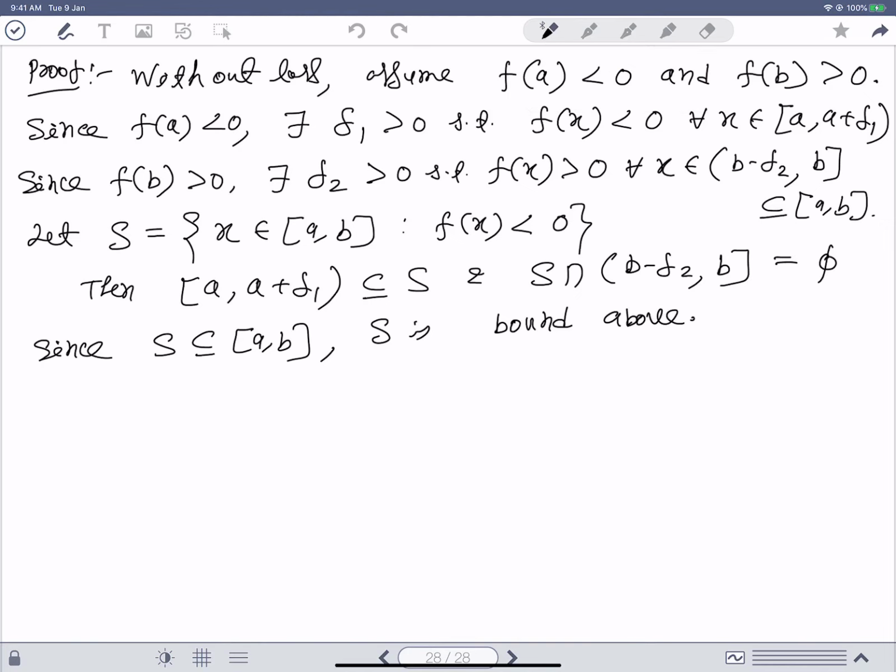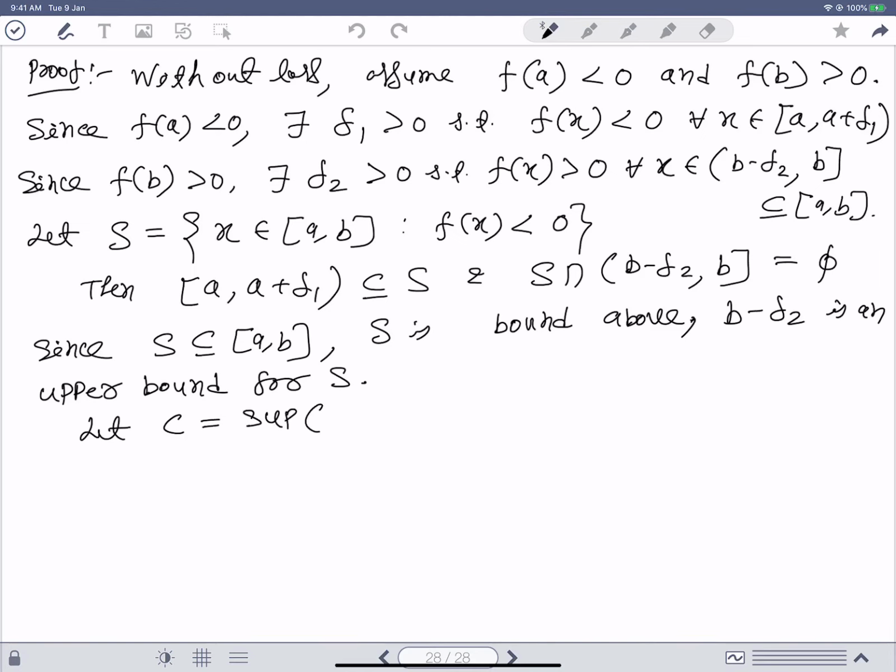And you can say that B minus delta 2 is an upper bound for S. Now since S is a bounded set in R, therefore by the completeness property of R, S has a supremum. So let C equal the supremum of S. Fine.